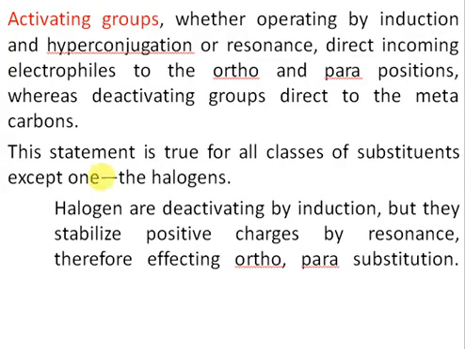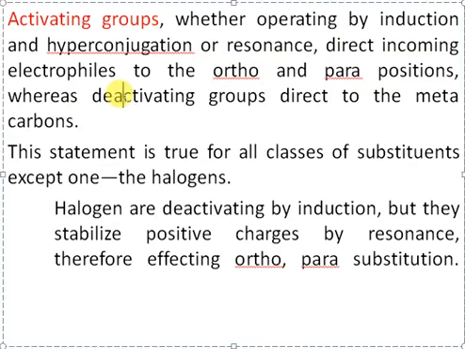The activating groups, whether they activate the benzene ring by means of inductive effect, resonance effect, or hyperconjugation, always direct the electrophile to ortho and para positions, whereas all the deactivating groups direct the incoming substituent to the meta position, right?